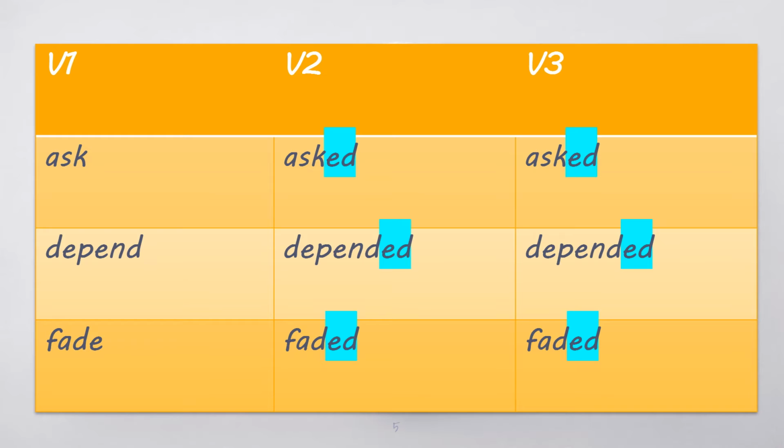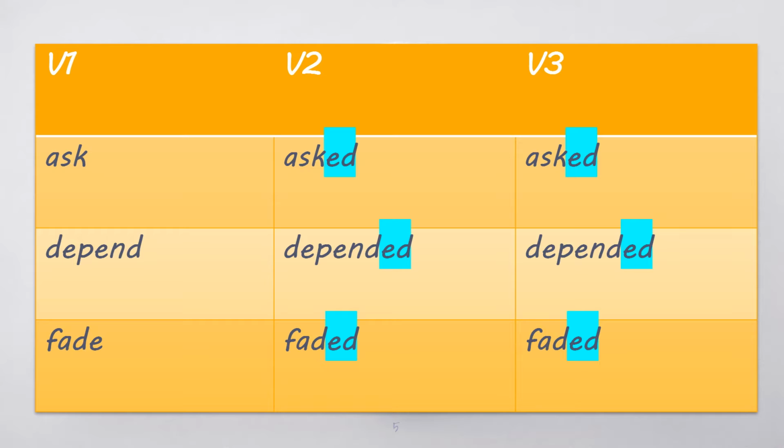As explained in the previous slide, V1 refers to the base form of the verb, V2 refers to the simple past form of the verb, and V3 refers to the past participle form of the verb. Now look at the verbs here. We have three verbs on this slide: ask, depend and fade. If you look at the V2 and V3 forms of all these verbs, you see that they follow a typical pattern.